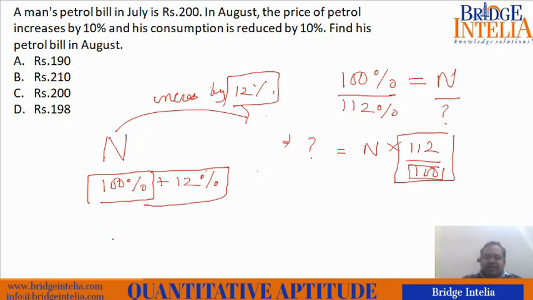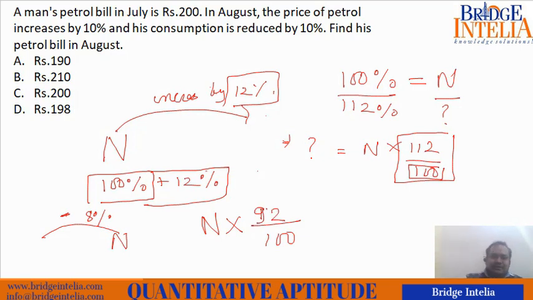Similarly, if you have to decrease n by 8%, you can straight away multiply n by 92 by 100, because you are decreasing: 100 minus 8, so 92. Fine. So let's take a few more examples before you try to apply this.